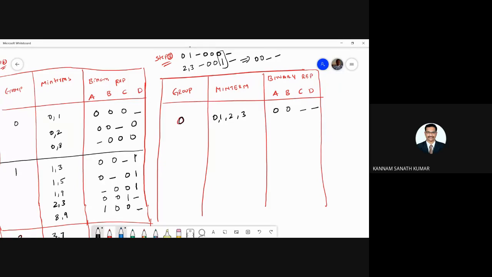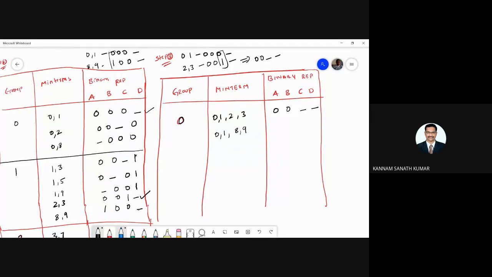And next 0, 1, so this is over. 0, 1, 2, 3 is over. Take this 0, 1 and 2, 3, and 0, 1, 8, 9 is there. Here I am writing 0, 1 is 0 0 0 dash, and 8, 9 is 1 0 0 dash.